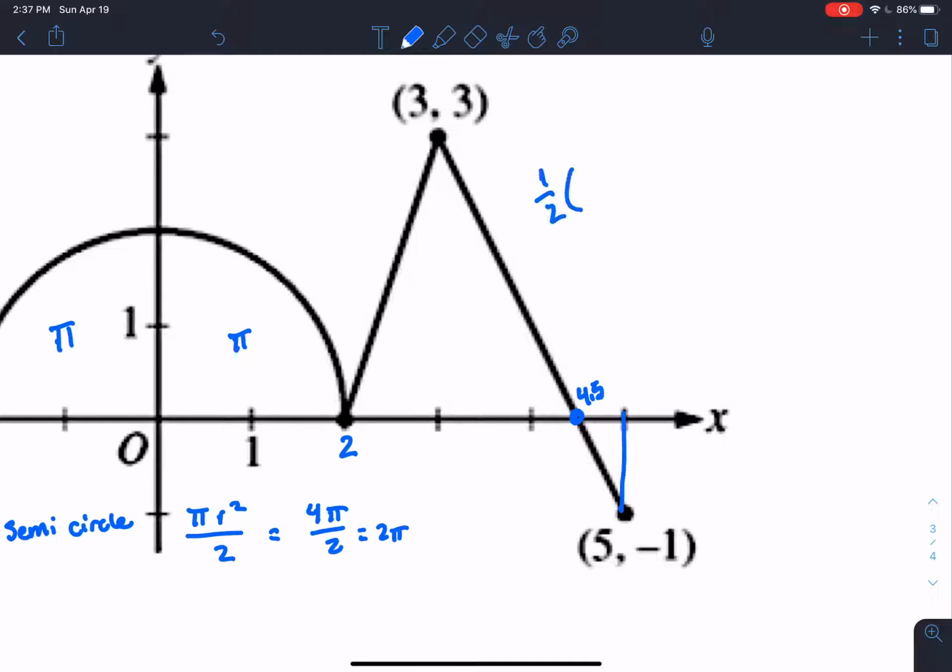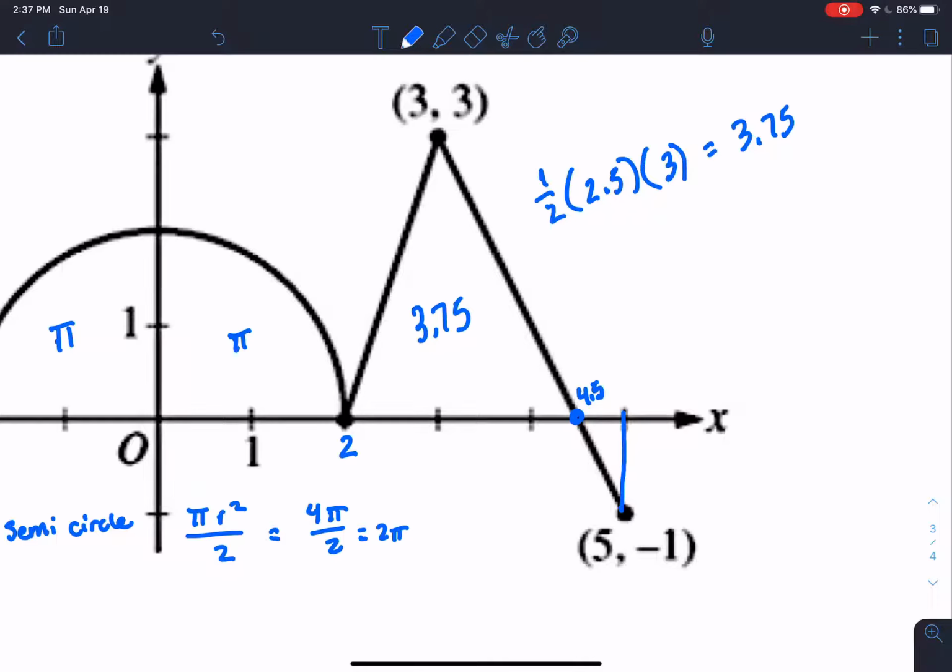So we have 1/2 times the base, which is 2.5, times the height, which is 3. If you multiply that out, we get 3.75. So from 2 to 4.5, that's 3.75.